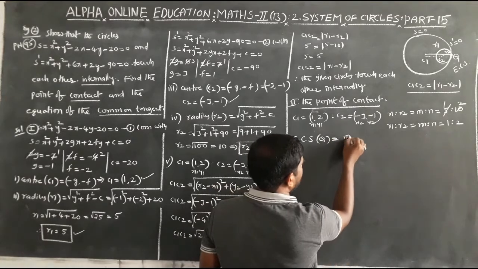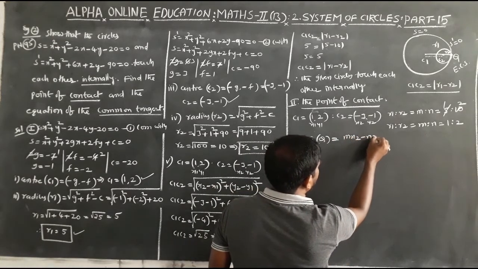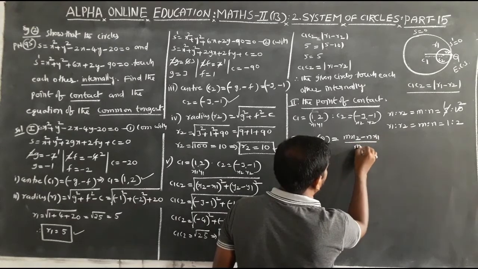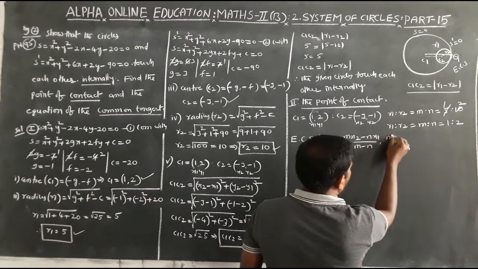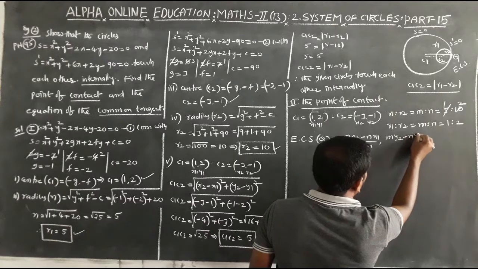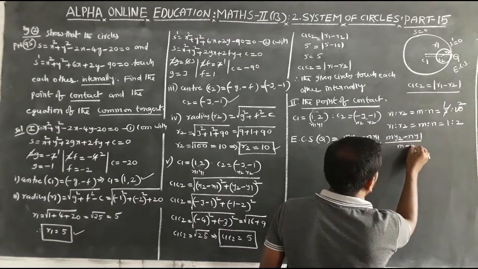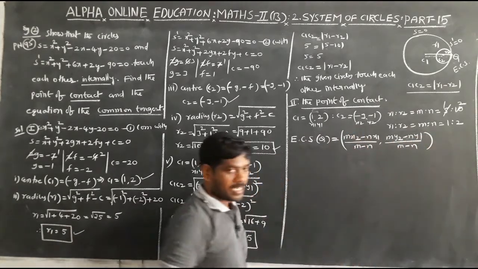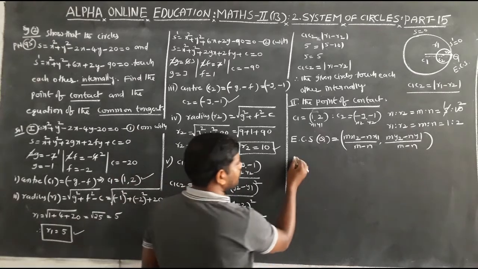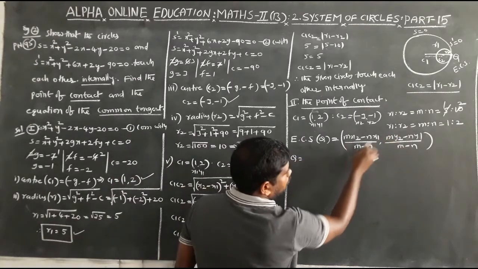The external center of similitude formula is (m x2 minus n x1) by (m minus n), comma (m y2 minus n y1) by (m minus n), which is the point of contact.